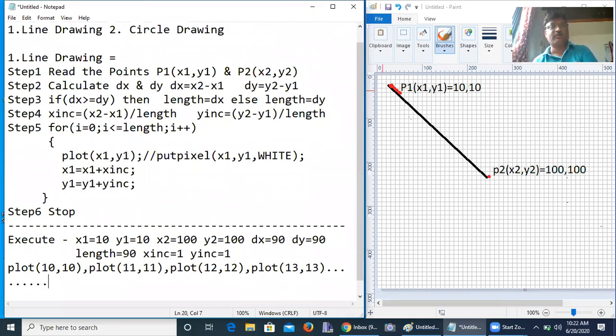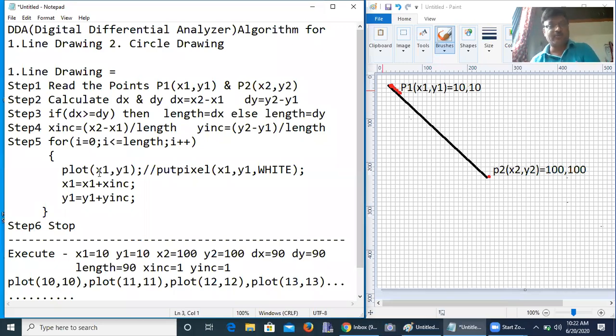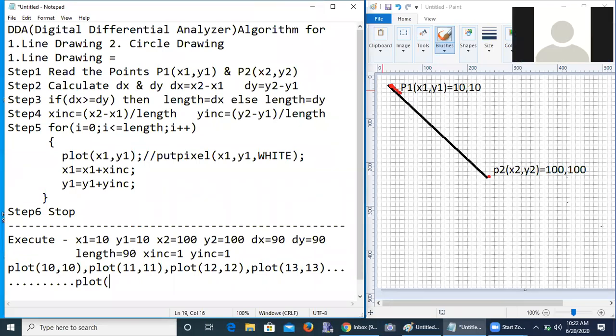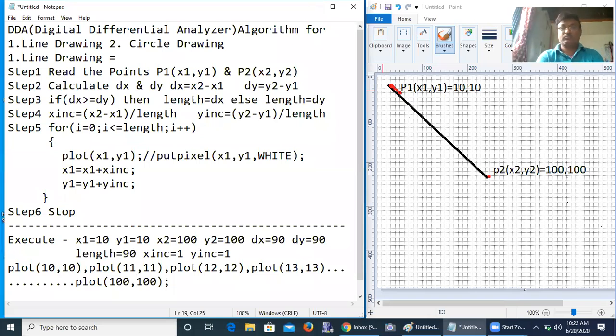After proceeding, where is the line going to end? The plot becomes 100, 100, because 10 is going to be plus the 90, and that will become 100.